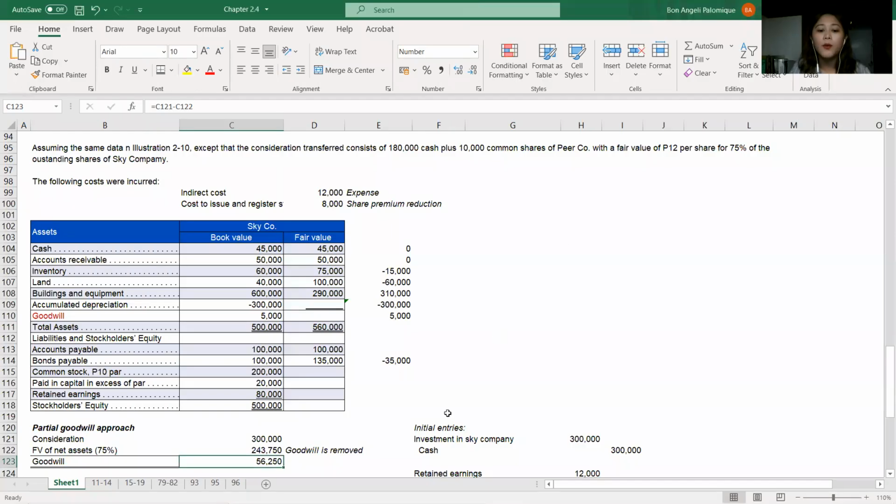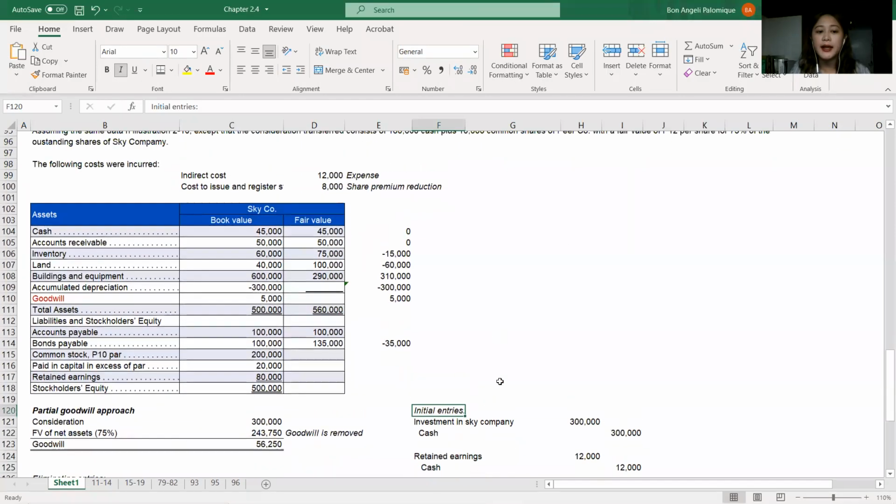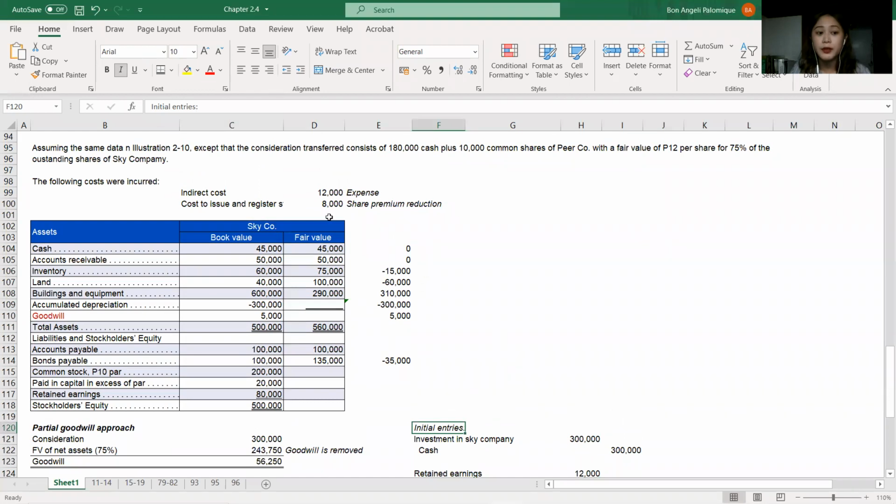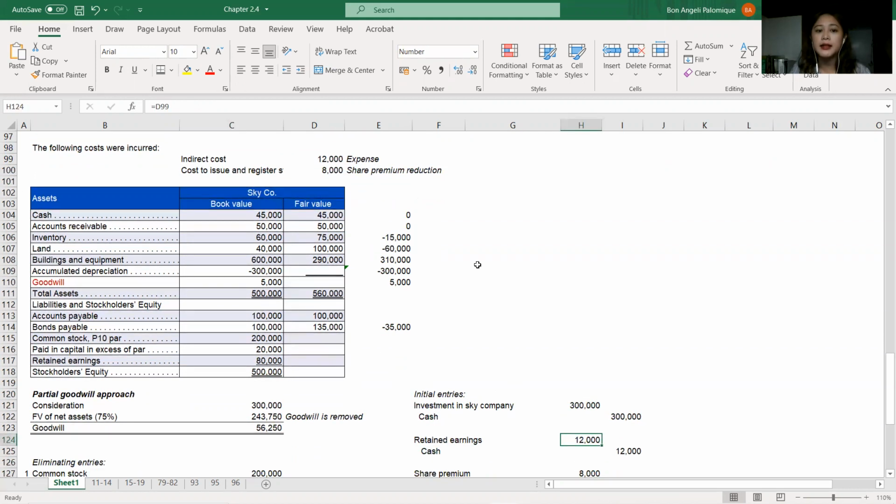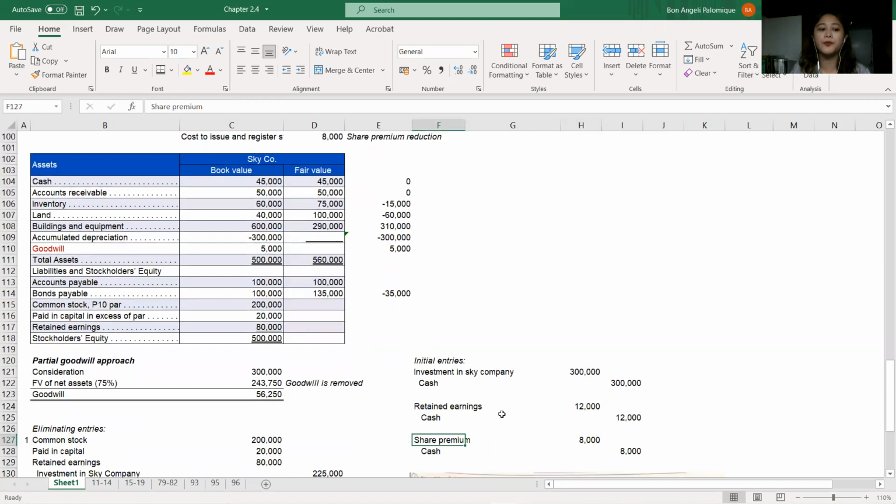Okay. So mag-entry ka na ulit ngayon, initial entry mo, nung pagbili ni Peer kay Sky, initial entry, debit investment in Sky Company and credit to cash. Then record mo na tong cost incurred niya, indirect cost of 12,000, retained earnings, and 8,000 reduction in share premium. Okay, so nagawa mo na yung step 1.